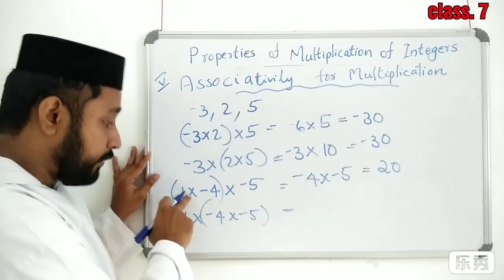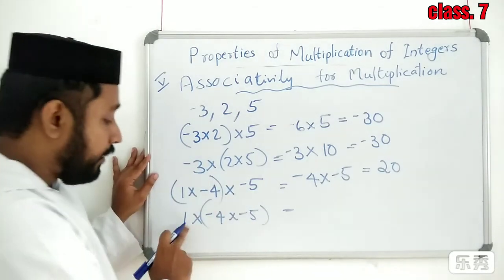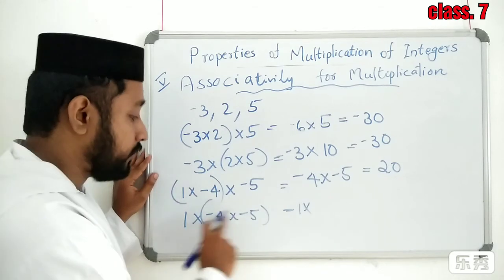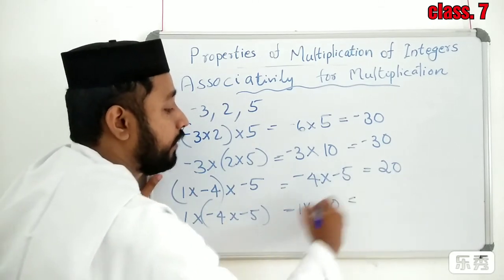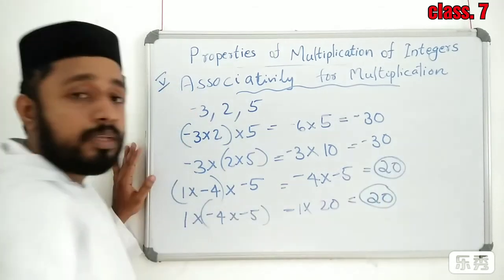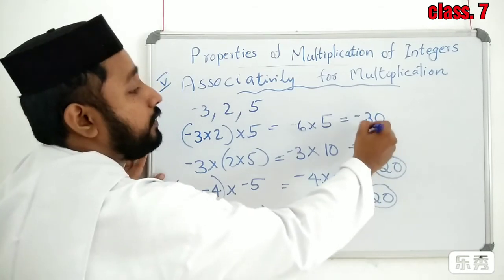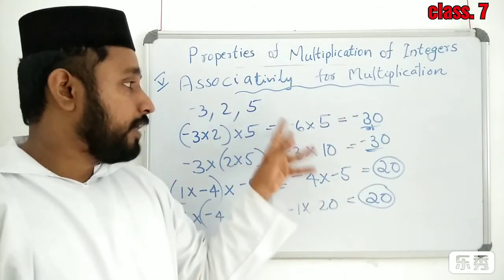What is minus 4 into minus 5? Two negatives, plus 20. So, 1 into 20, answer is 20. In both cases, answer is 20. Here, in both cases, answer is minus 30.